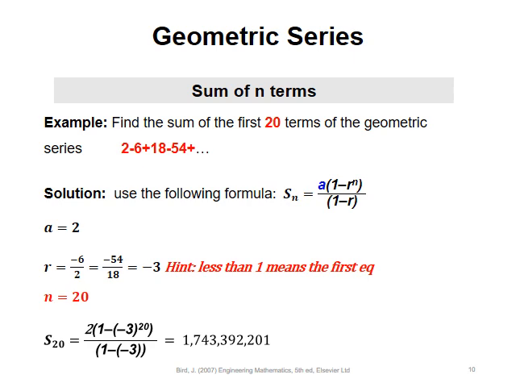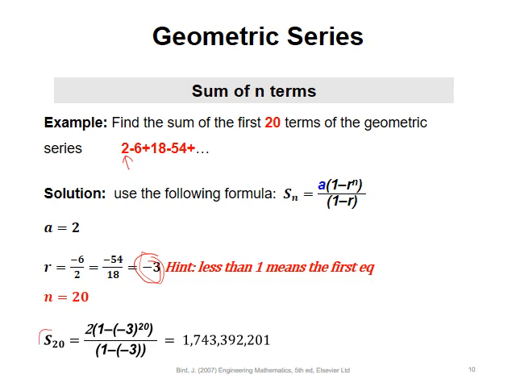Now another example: find the sum of the first 20 terms of the geometric series. As you can see here, we need to find a, which is 2, and we divide minus 6 over 2 to give r, which is minus 3. Now I have a and I have r. By the way, here r is minus 3, so we use the first formula for the sum.